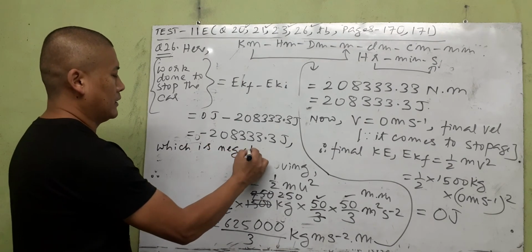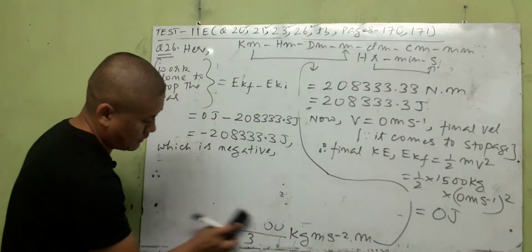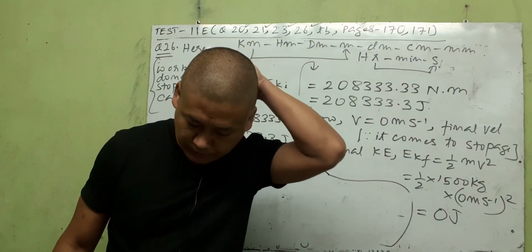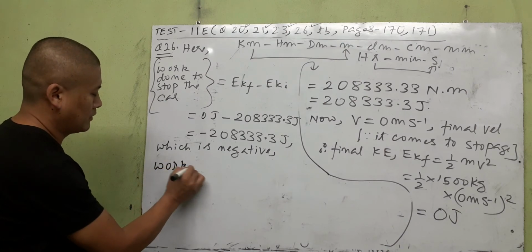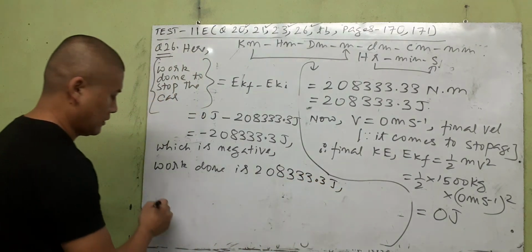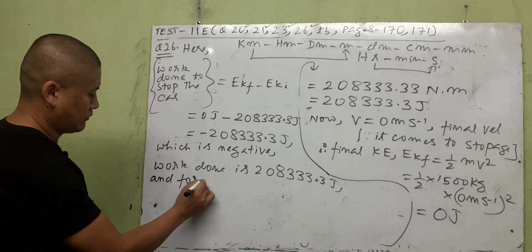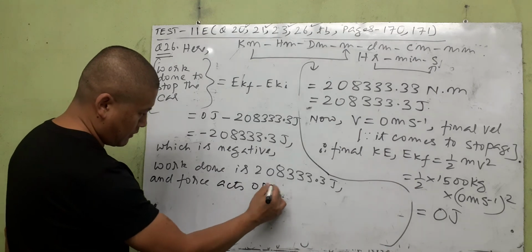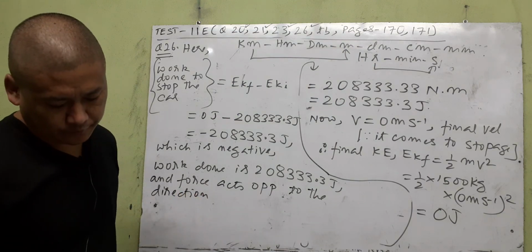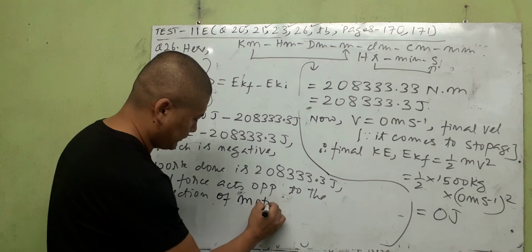A little bit of explanation, which is negative. So that means work done to stop the car is 208,333.3 joules, and negative means the force with which the work is done acts opposite to the direction of motion of the car.